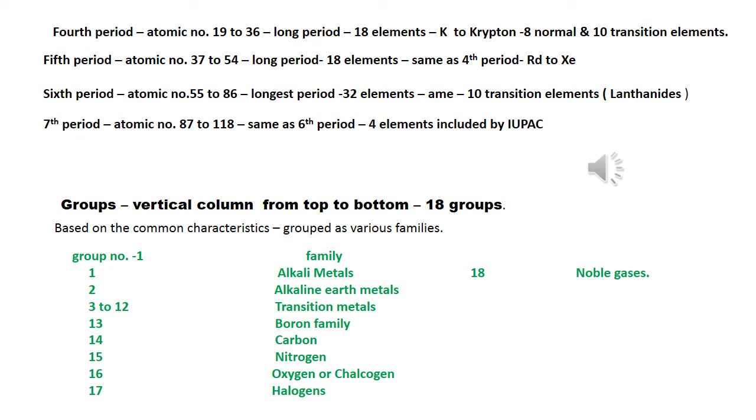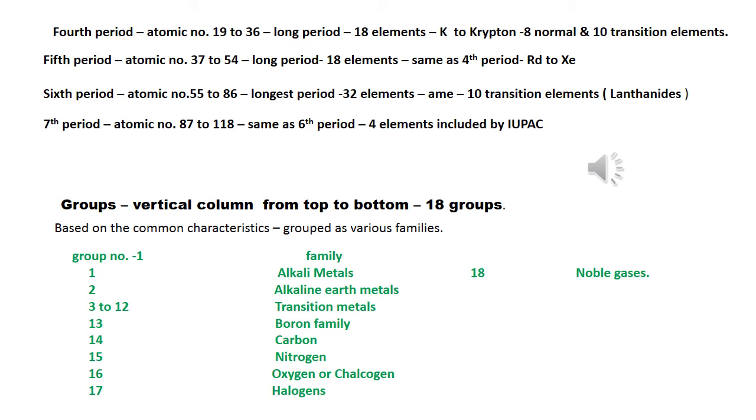Groups 3 to 12, transition metals. And 13, boron family; 14th, carbon family; 15th, nitrogen family; and the 16th one, oxygen family or chalcogens; the 17th one, halogens; and the 18th one, noble gases.